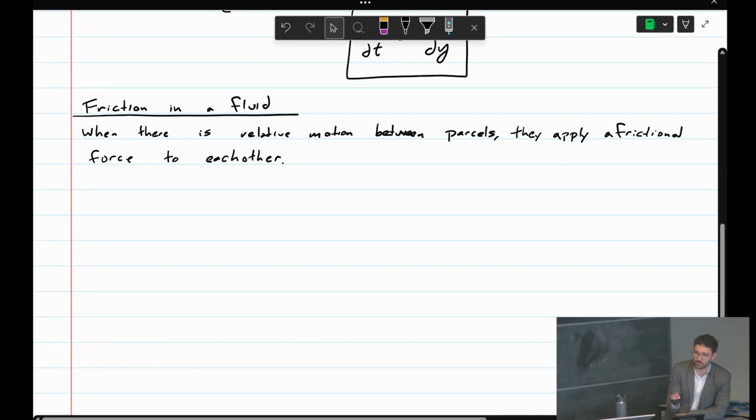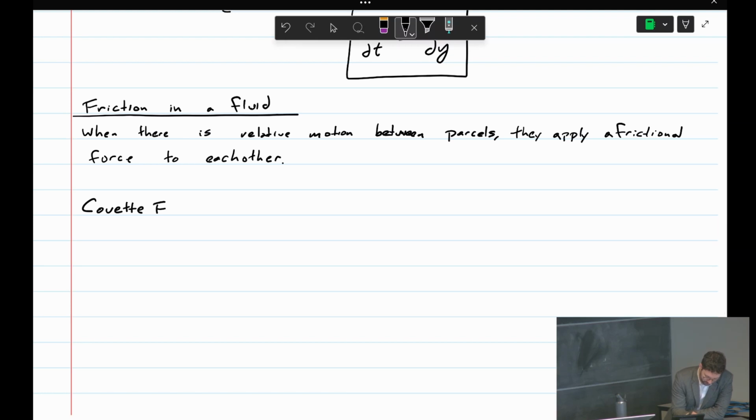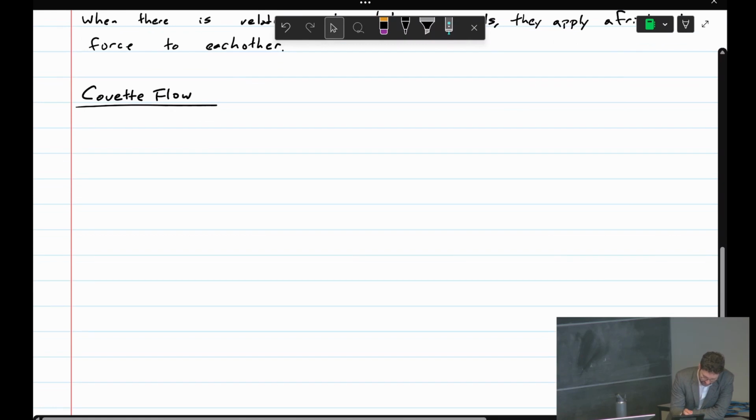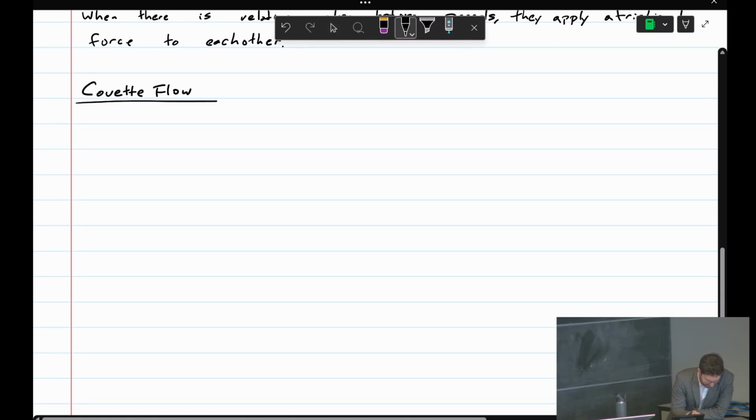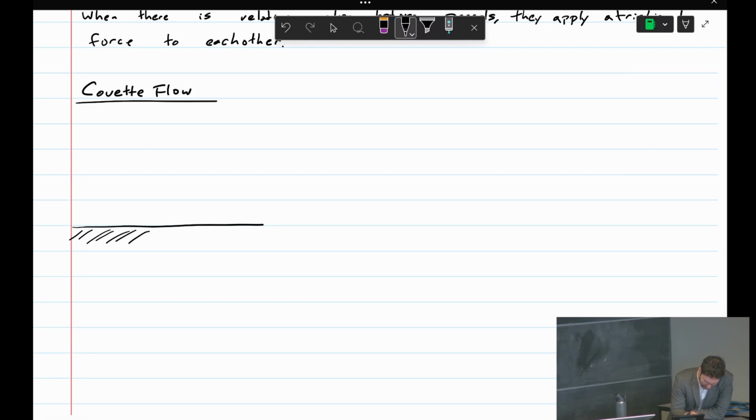We're going to look now at Couette flow. So this is what Couette flow is. So we have the flat fixed wall on the bottom, and at the top we have another wall, but that wall is moving, so we'll call it a plate.